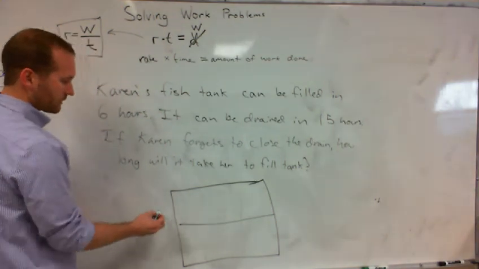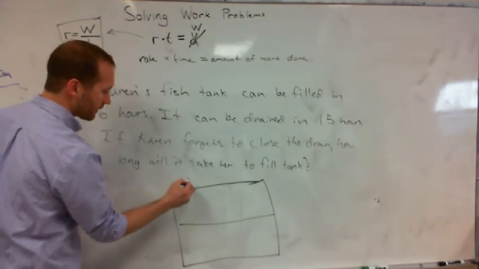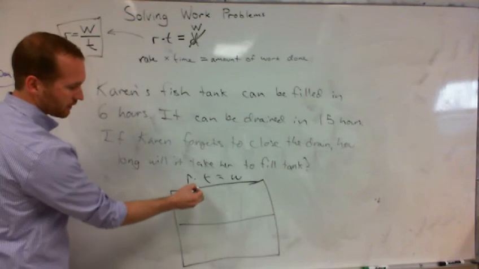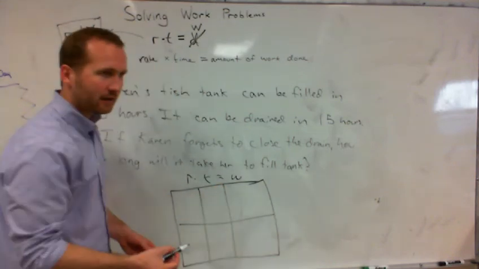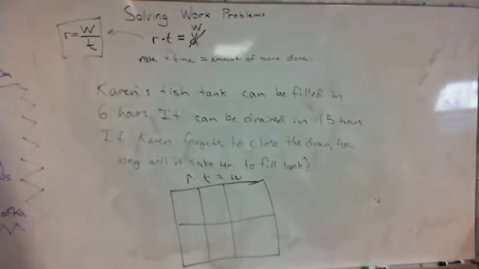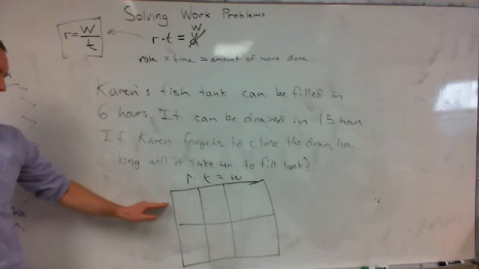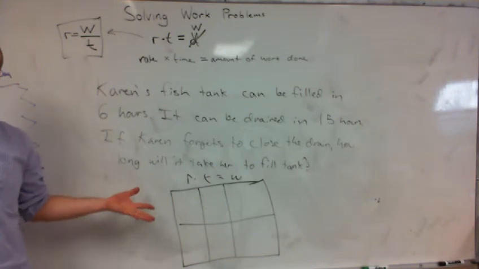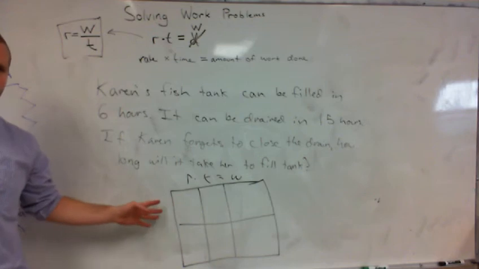Okay, so what are my rows going to be here? Think about that for a second and raise your hand when you have a guess. Don't call it out. There's only one person, so I can't put Karen for both of them.